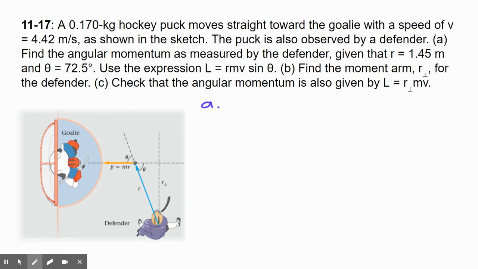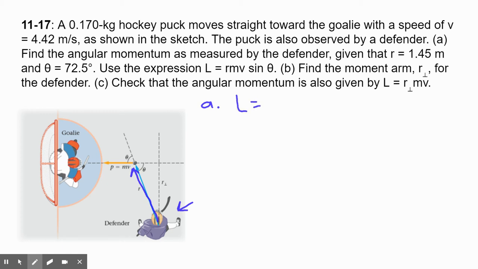So for part A, we are paying attention to the defender right here. And we want to know the angular momentum as measured by the defender. So the defender is clearly viewing this puck at an angle, which means we're going to have to use the angular momentum equation that factors that in.